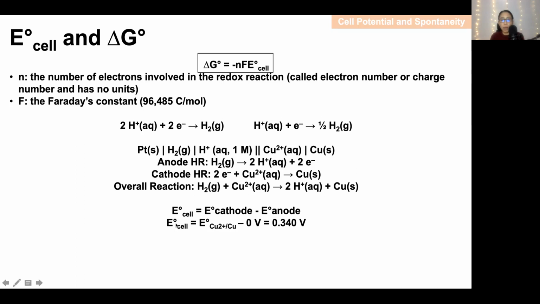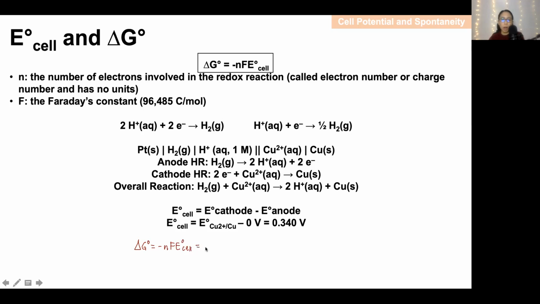If we look at the standard cell potential, this gives a value of 0.340 volts, which means that if we get the standard change in Gibbs free energy by using this formula, we have delta G naught equal to negative nFE naught cell.